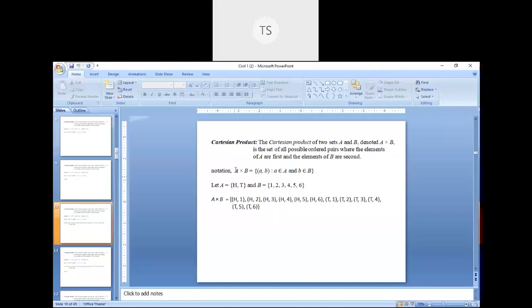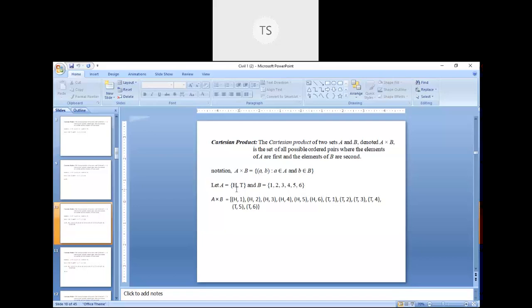The Cartesian product of A cross B is equal to, first of all, you have to select any element from set A. From our example, what is the first element of set A? It is H. Now, again from the definition, what is the second element? This is small b, and small b is an element from set B, that means the second set.